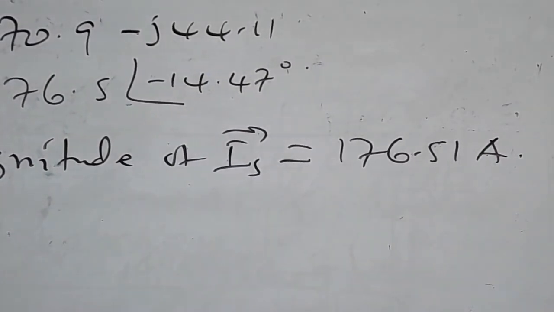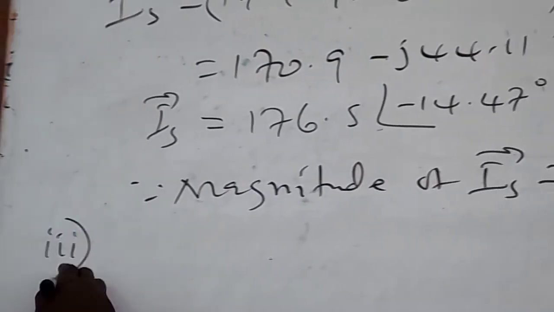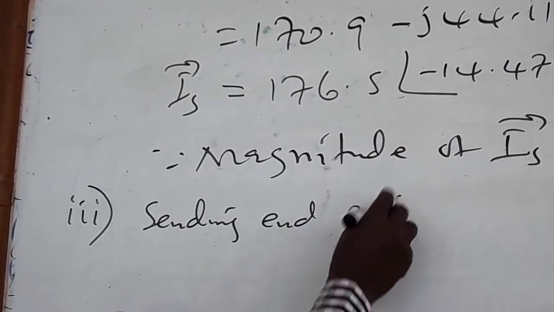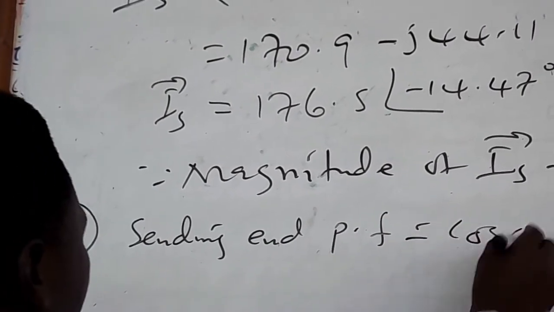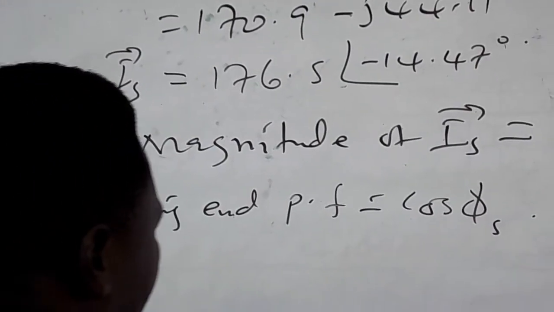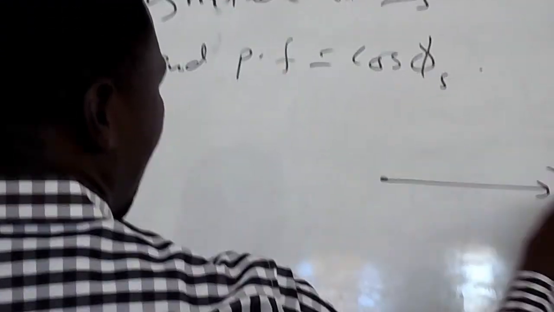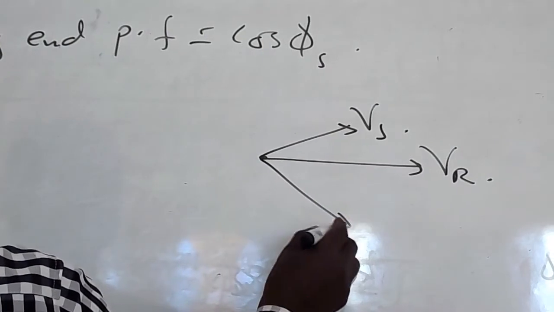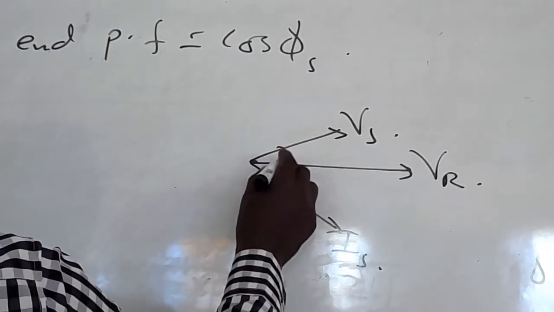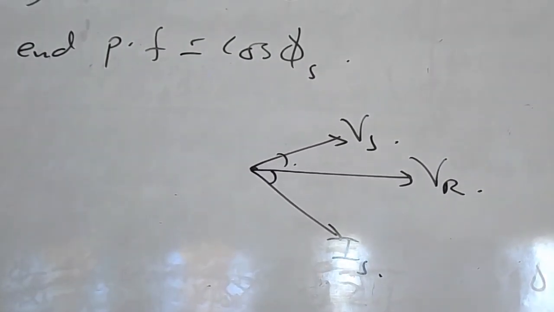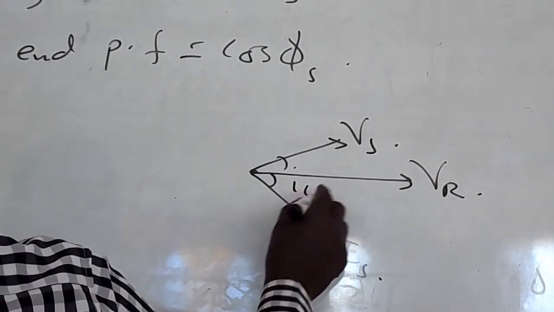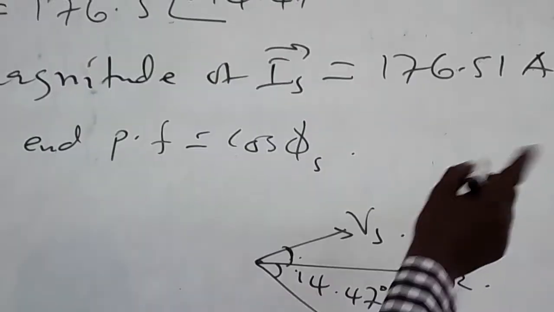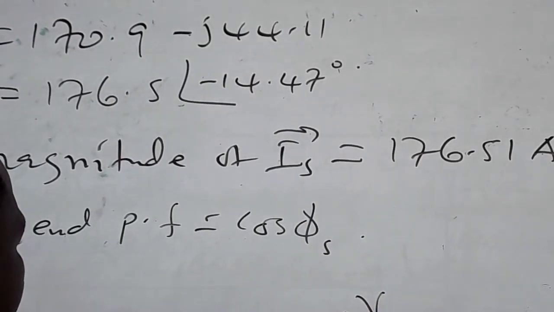Now, sending end power factor. Sending end power factor is cos phi s, and you can see that VR is our reference, Vs is leading, and Is is lagging. So Is is lagging at an angle of 14.47 degrees, and Vs is leading at an angle of 10.62.